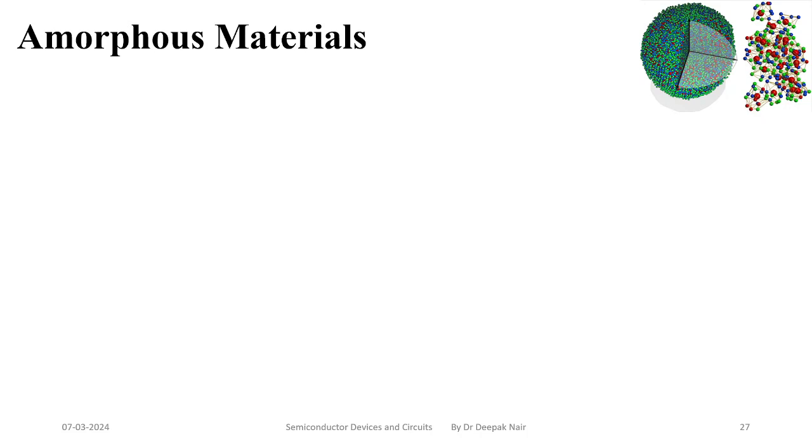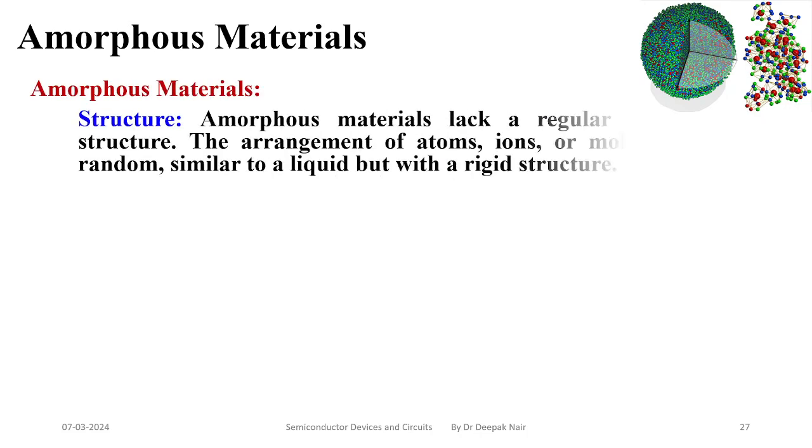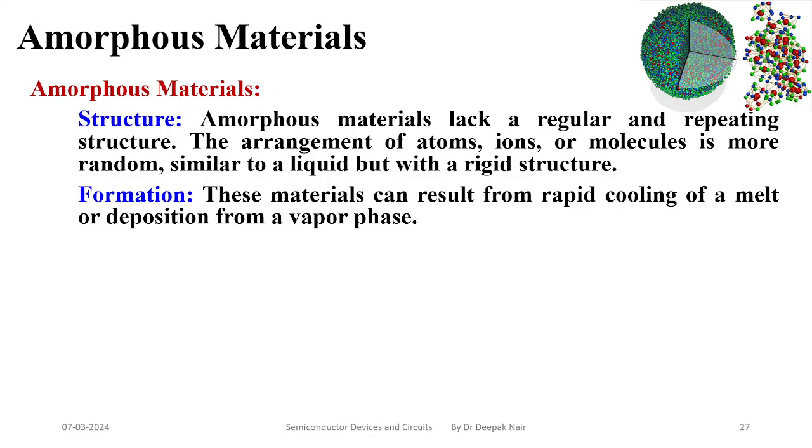And like we discussed in the previous slides, amorphous solids generally lack a regular and repeating structure. So they don't have a regular or repeating structure. We can see from the diagram here on the top right that the atoms, ions or molecules are arranged in a random fashion. Formation: these materials can result from rapid cooling of a melt or deposition from a vapor phase.